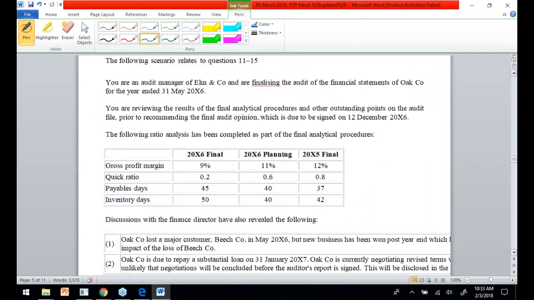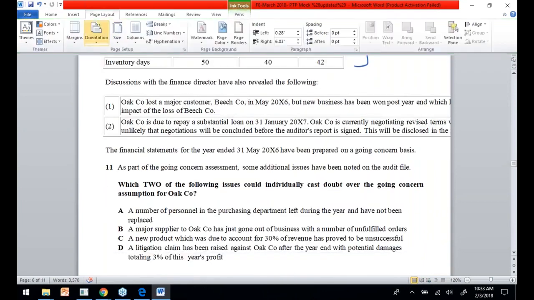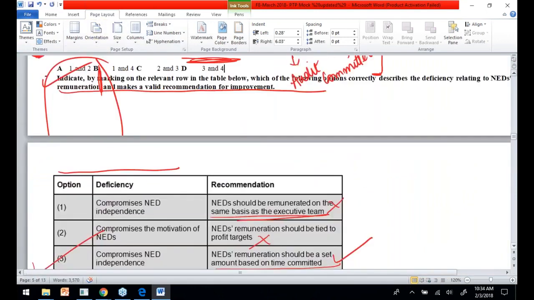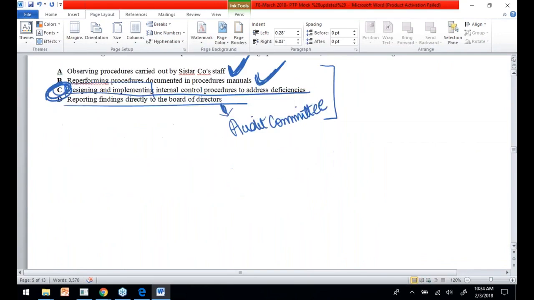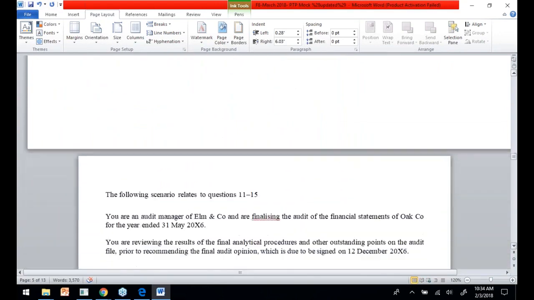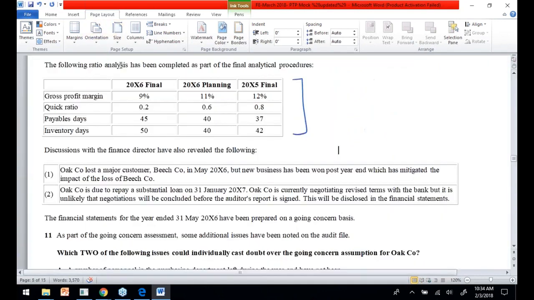You are an audit manager of MNN Company and are finalizing the audit of financial statements of Open Company. All right. So this has certain ratios that you've been given, certain additional information that you've been given. Unfortunately, since I cannot see the entire statement, let me first... all right, now I can see the entire statements.